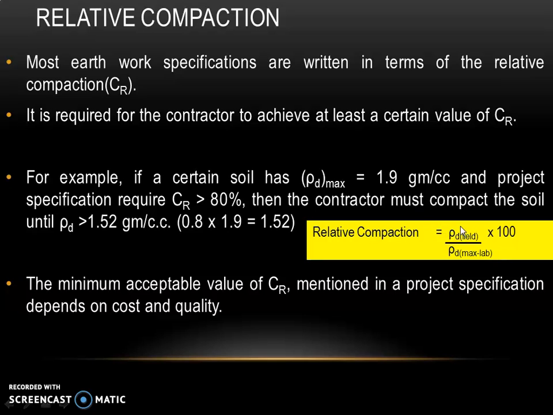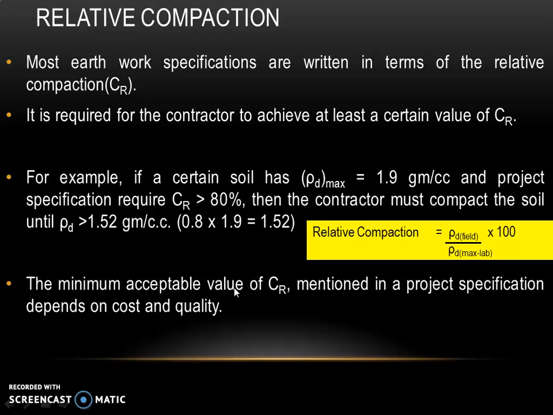So we get rho D field is equal to 0.8 into 1.9, which is equal to 1.52. So on site, the soil has to be compacted till its density is greater than 1.52 gram per cc.